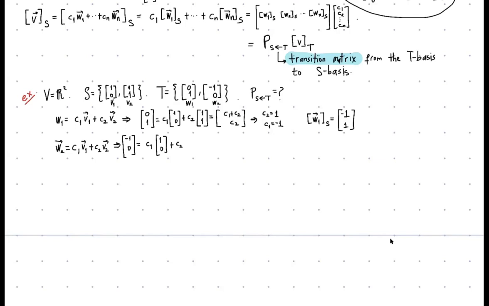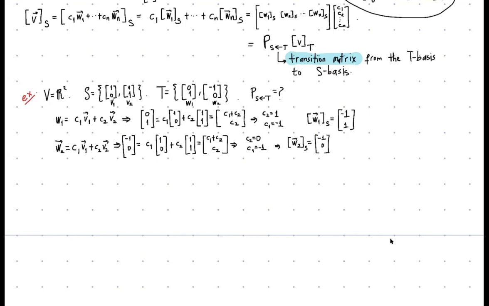Okay, C1 plus C2 and C2. So this gives C2 must be 0, and if C2 is 0, C1 must be -1. Okay, so the coordinates of the second vector with respect to S basis is -1 and 0. Okay, so this is good.